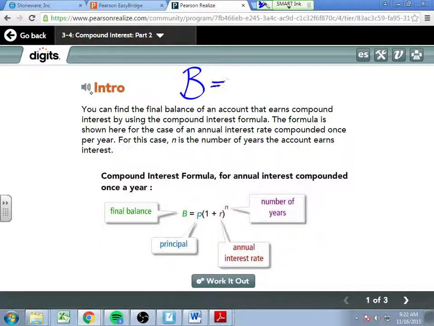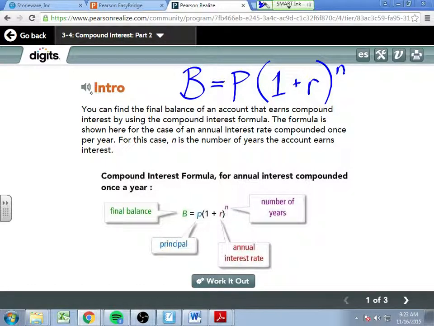My final balance B. I'm still going to use my principal P, but then I'm going to do 1 plus the interest rate to the n number of years. And we don't use T now just because it gets complicated comparing to the simple interest formula.